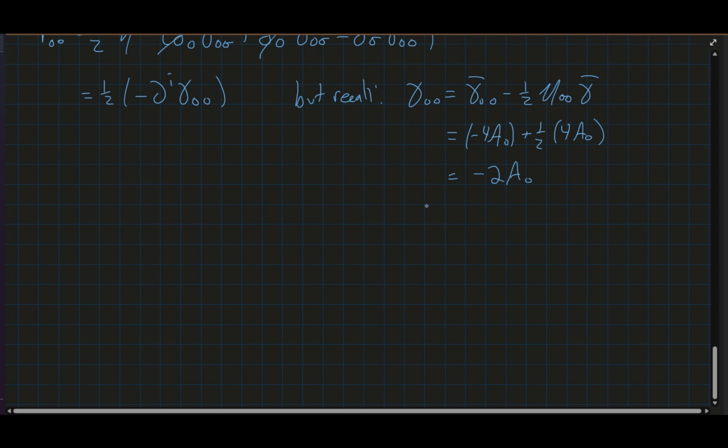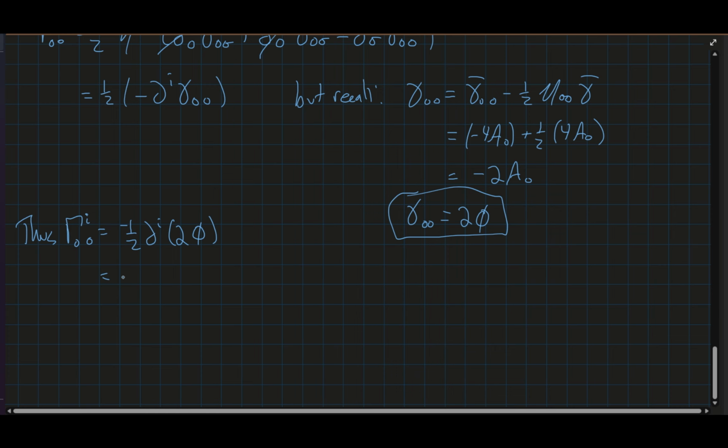So we end up with 2 phi here for gamma 0 0. So more explicitly then for the Christoffel symbols, we'll just write thus gamma I 0 0 equals minus 1/2 del I times 2 phi, or this is minus del I phi.